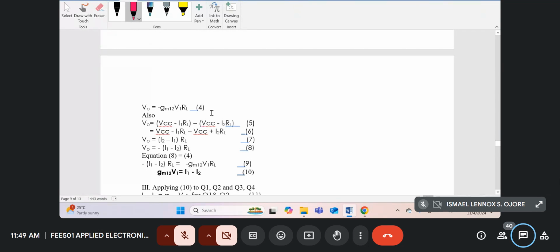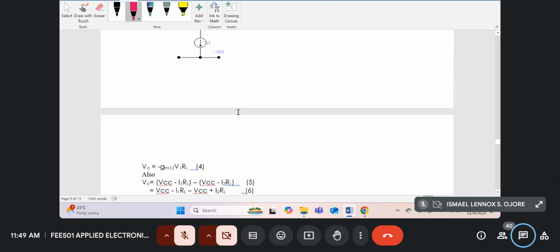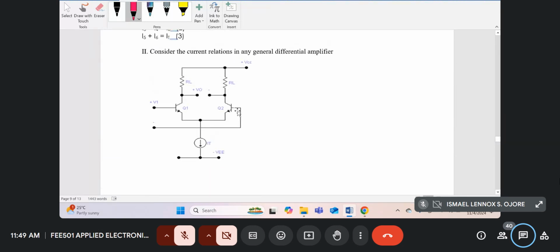Okay, now also in this circuit, if you look at this circuit over here, we can write V0 as a drop across RL to the left and as a drop across RL to the right. The current flowing through Q1, we'll call it I1. The current flowing through Q2, the collector current, call it I2.